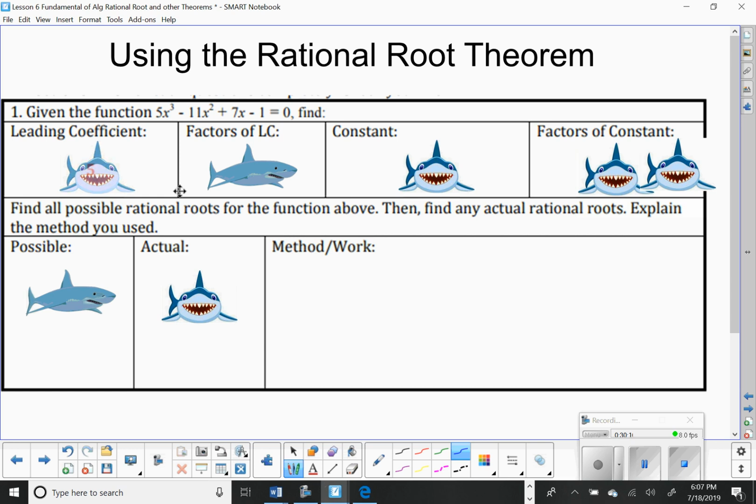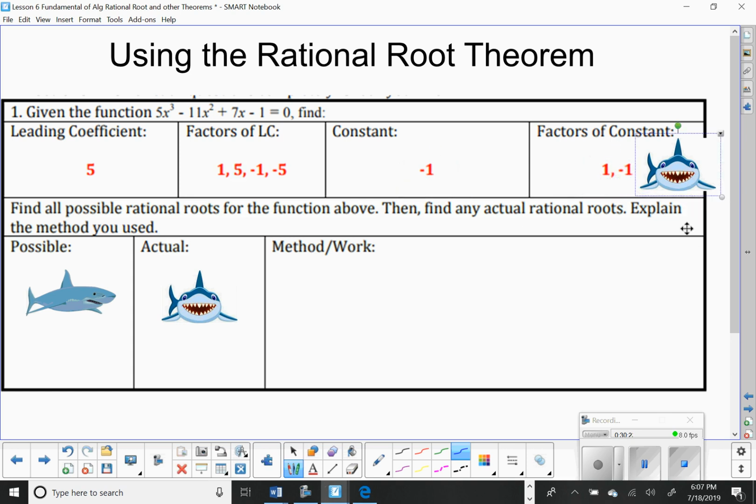Did you get 5? Did you get plus or minus 1, plus or minus 5? For the constant, did you recognize that as negative 1? And then the value of the constant is plus or minus 1. Now, if I want to find all the possible rational roots for the function above, then any actual rational roots, and I'll explain the method.